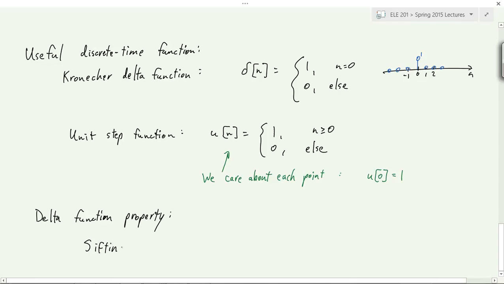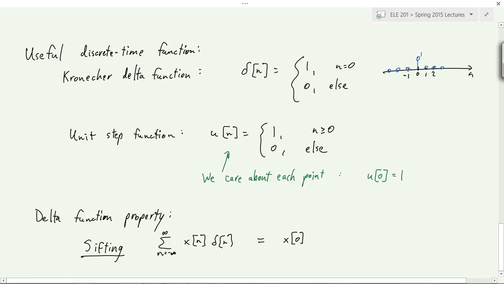All it means is that if you sum over all n some function of n, I'll use x because we usually talk about signals as our functions of n, some function of n times a delta function of n, then that equals just x at 0. Right? That's pretty clear because delta is 0 everywhere else in that sum.